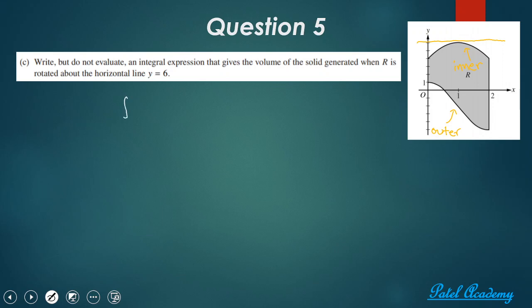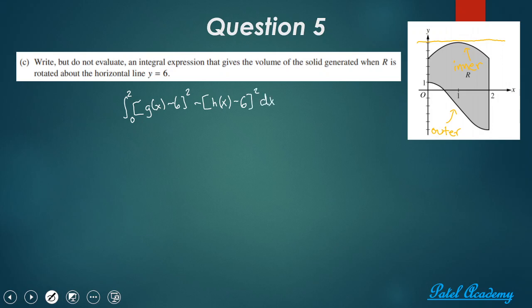So it's the integral, once again from 0 to 2, because our volume will still be capped from 0 to 2, of, in this case, I'm going to take my outer, so in this case it's going to be g at x minus this axis squared, minus h at x minus this axis squared.